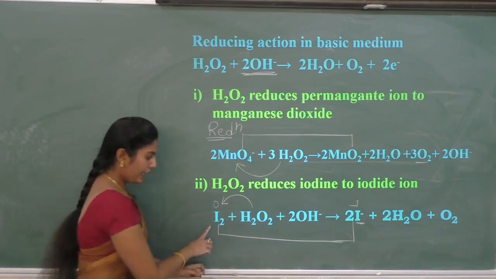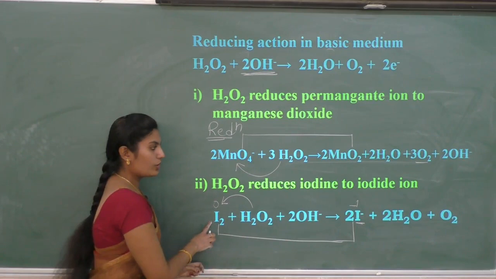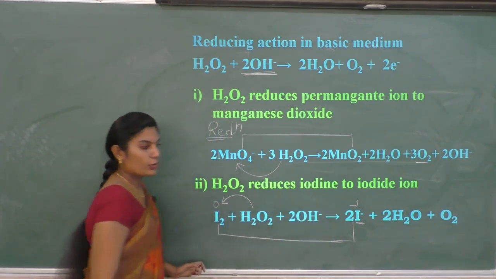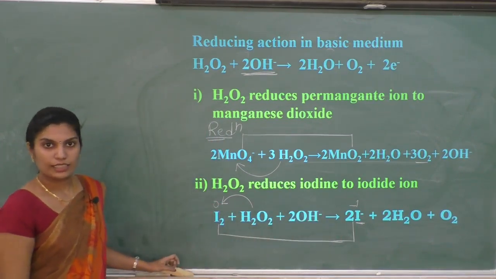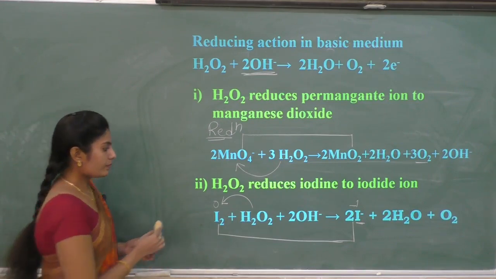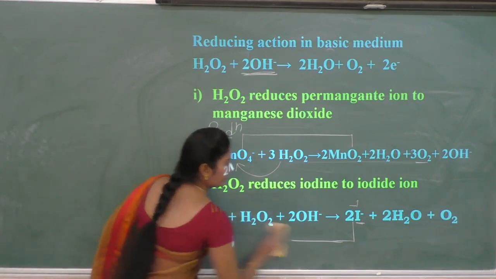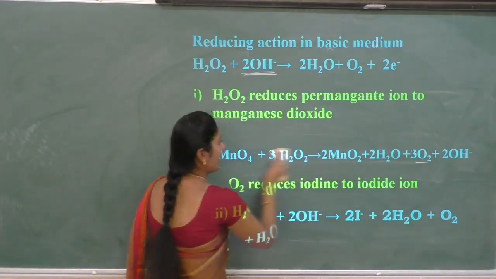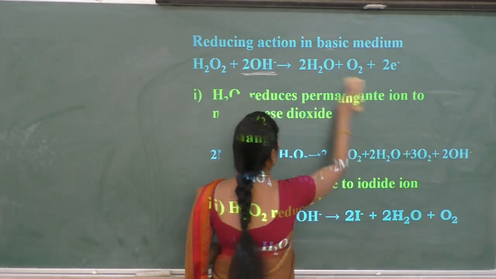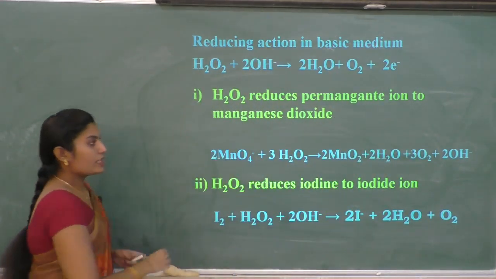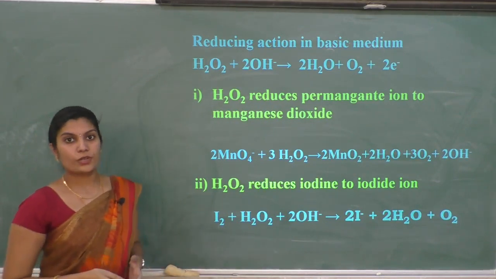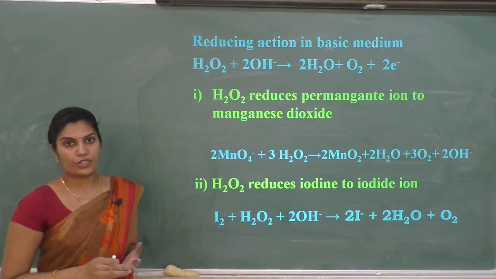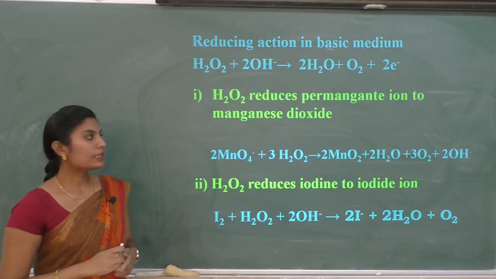By the gain of electron, iodine reduces to iodide ion. Clear? This reaction explains the oxidizing and reducing action of H2O2. Clear?